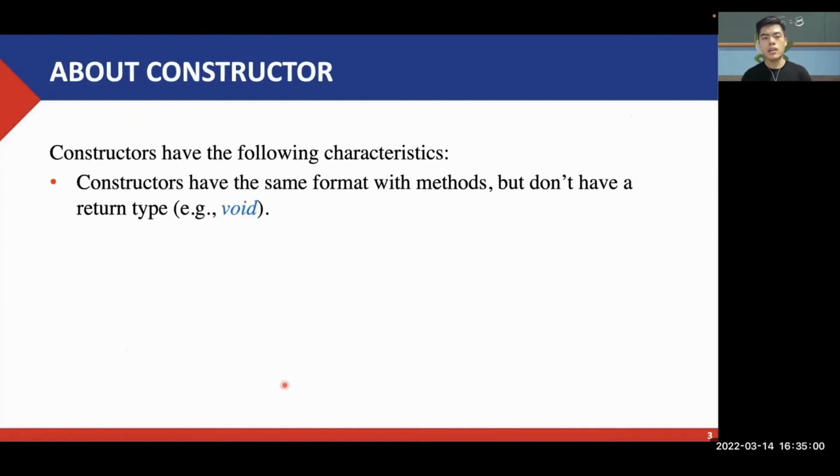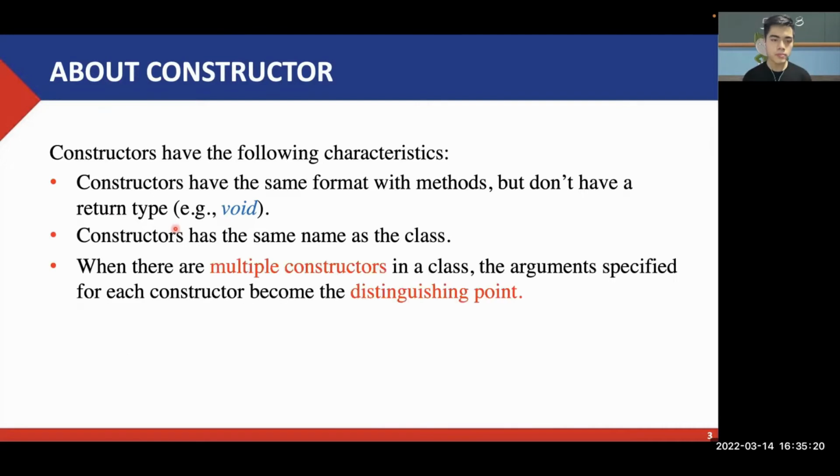About constructors, constructors in Java have the following characteristics. A constructor has the same format as a method, but doesn't have a return type. This is important. Constructors have the same name as the class, as you can see in the previous syntax example.